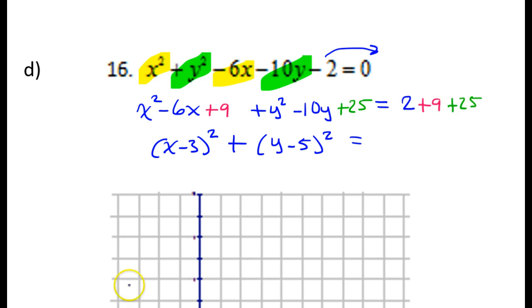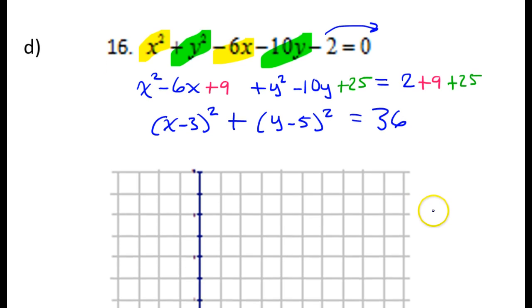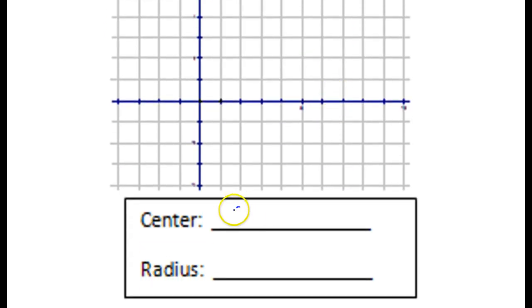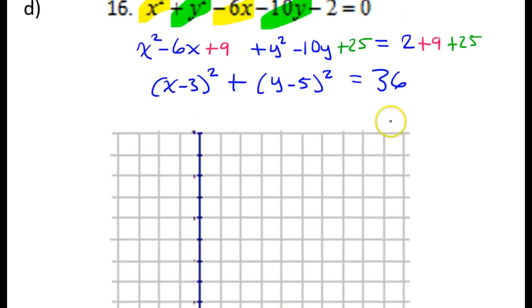So I just got to add all this. That turns out to be 36. So this is a circle that has a center of 3, 5, the opposite of this and the opposite of this. This is the radius squared, so that means that the radius is 6.